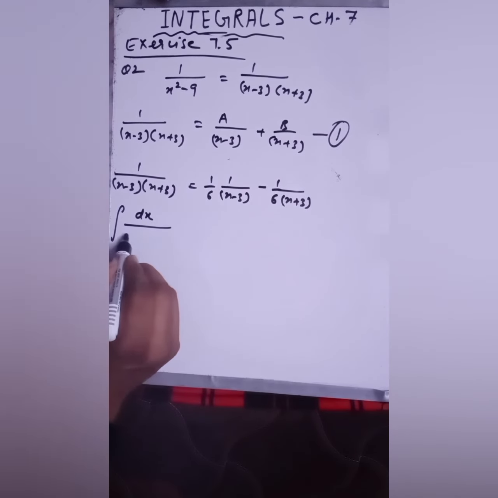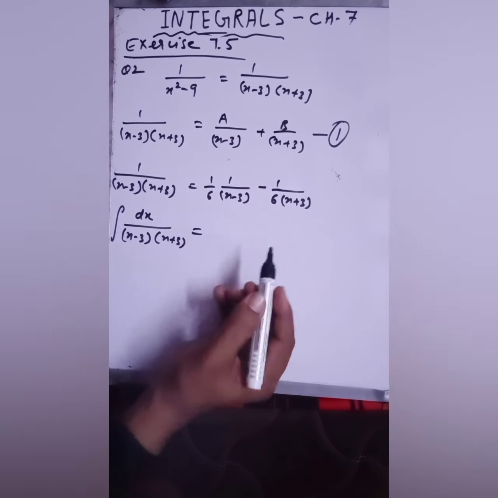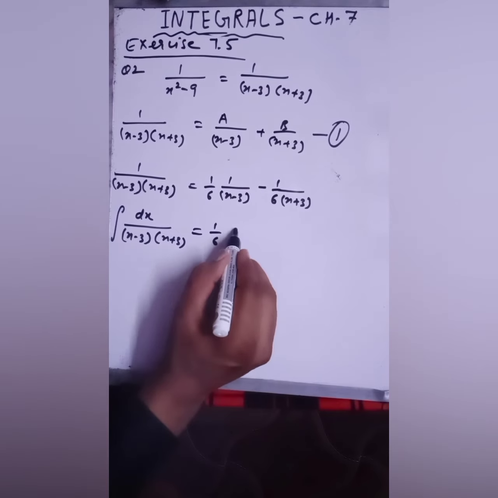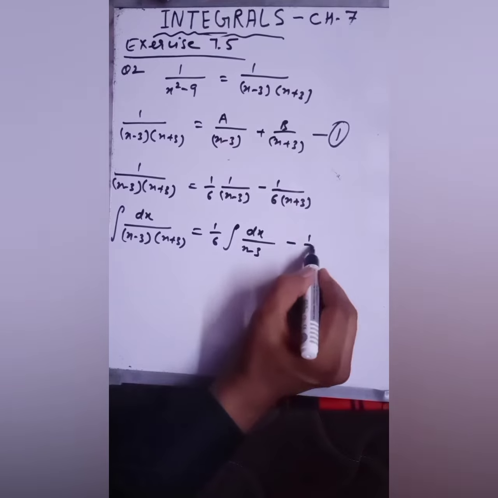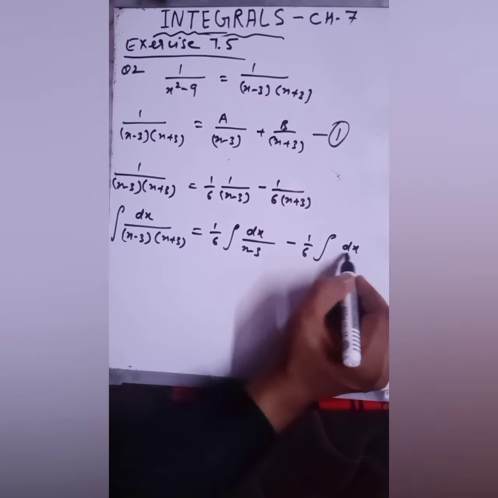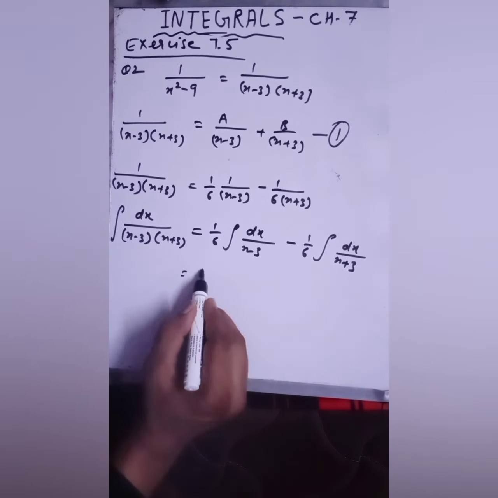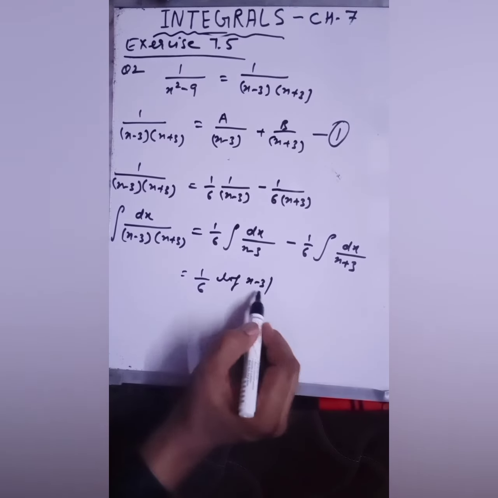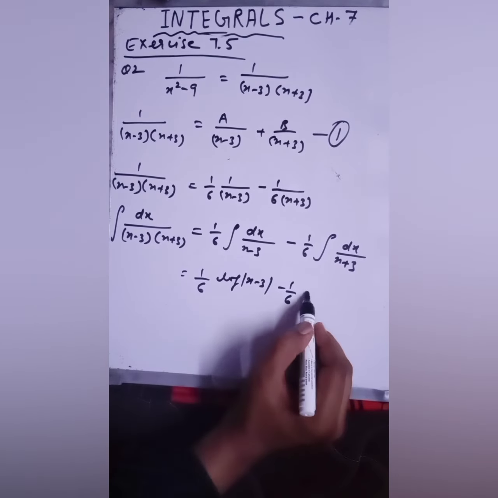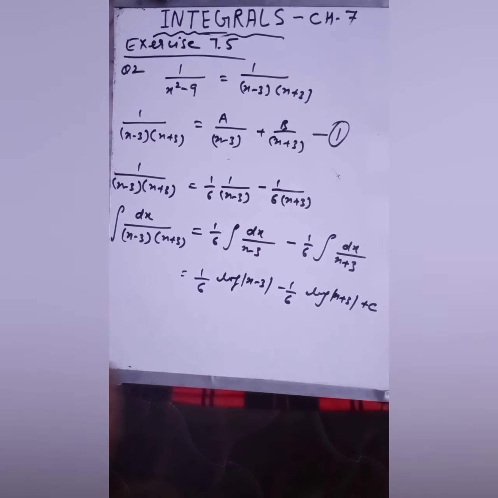This is the integral of dx over (x minus 3)(x plus 3), that is equal to 1 by 6 integral of dx over x minus 3 minus 1 by 6 integral of dx over x plus 3. Got it? Now this is 1 by 6 log of x minus 3 minus 1 by 6 log of x plus 3 plus c.